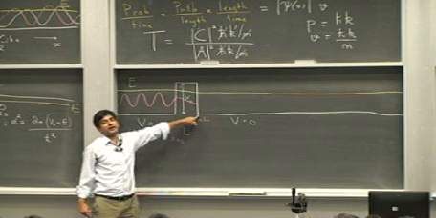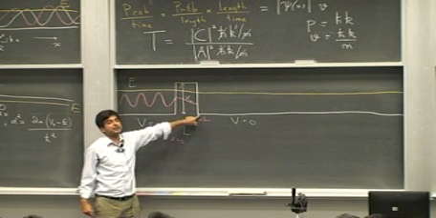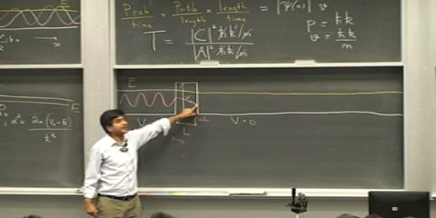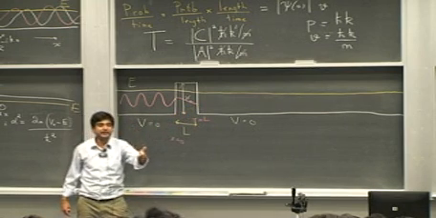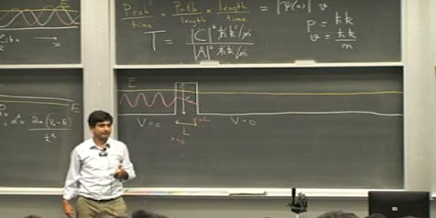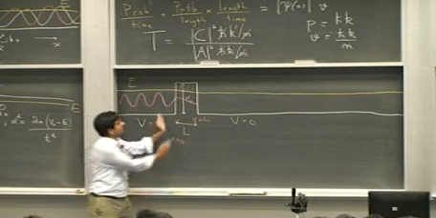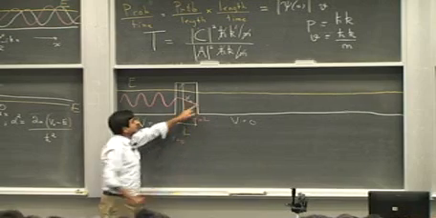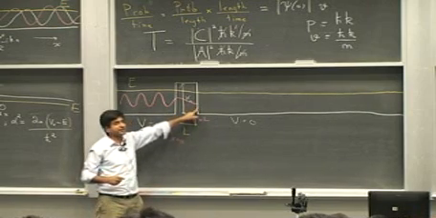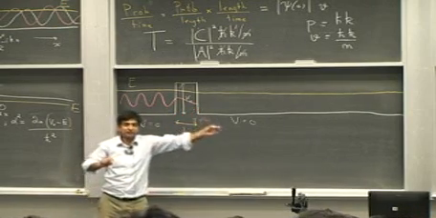But when I reach this barrier, if this wave function hasn't completely decayed, which is possible when this length is small, then some of the energy that reaches this point can leak off onto the other side.